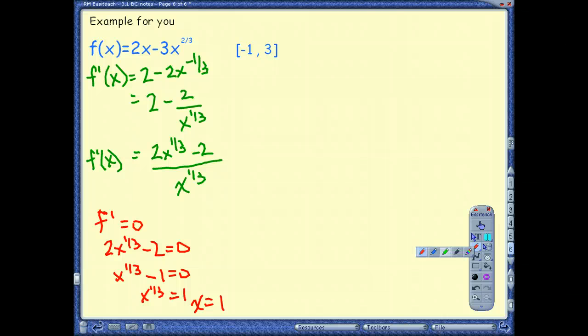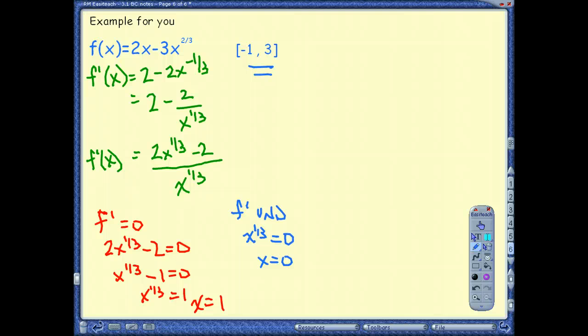Now I'm going to look to see where my derivative is undefined. That's going to be where my denominator is equal to 0. Well, x to the 1/3 is equal to 0 at x equals 0. 0 is in my interval here, and it is a point on my graph.